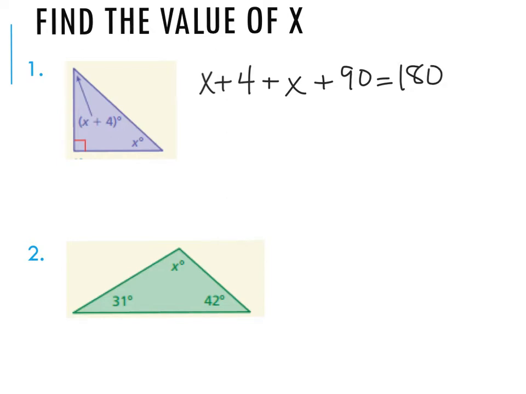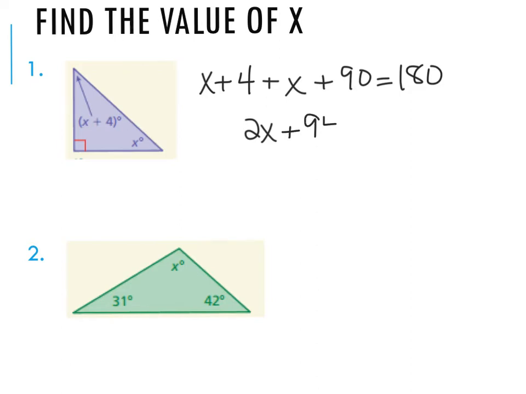Now, hopefully this looks familiar to us, and we're getting a little bit more confident and comfortable with our multi-step equations. We're finding our like terms. Here's an x and an x, so we get 2x. Then I also have the like terms of 4 and 90. Remember, they're on the same side of the equal sign, so I'm just going to do what it tells me to do.